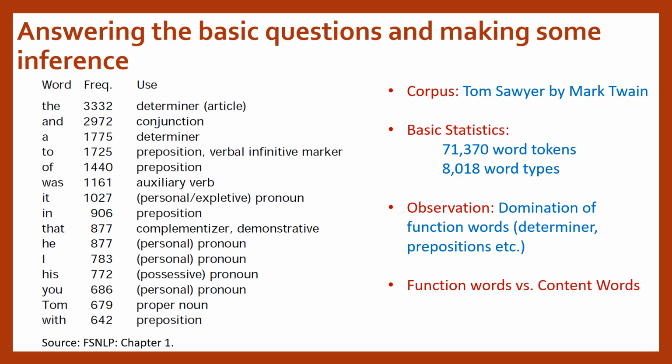In that corpus, they looked into what kind of words are there and at what frequency those words occur. They saw that there are about 71,000 word tokens and 8,018 word types.